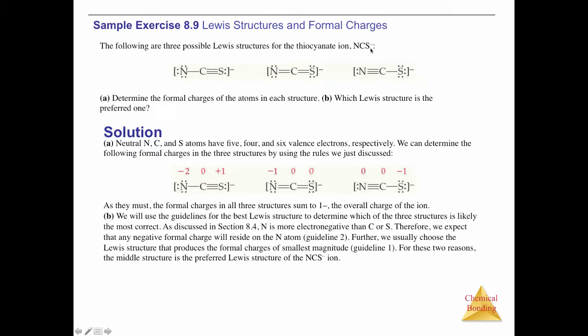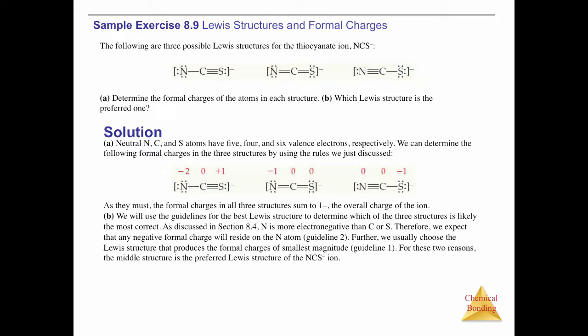We will use the guidelines for the best Lewis structure to determine which of the 3 structures is likely to be most correct. As discussed in section 8.4, nitrogen is more electronegative than carbon or sulfur. Therefore, we expect that any negative formal charge will reside on the nitrogen atom. Further, we usually choose the Lewis structure that produces the formal charge of smallest magnitude.